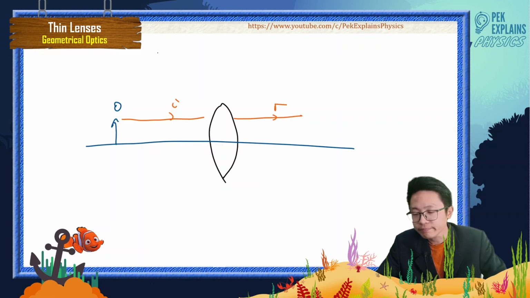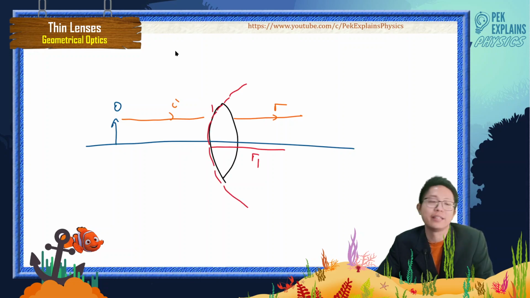Understand? And then the surface that receives the incident ray is surface 1. So this is the radius 1. Understand or not? This is the radius 1.